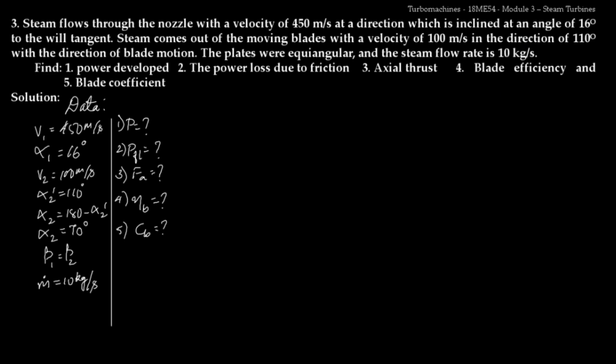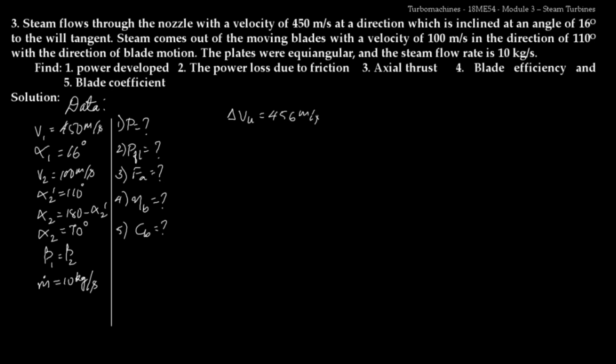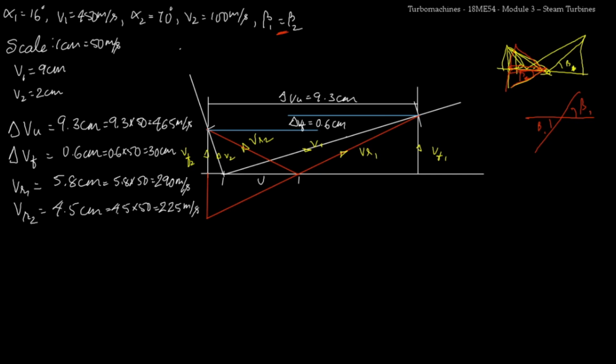Delta Vu is 456 meter per second. Sorry, 465 meter per second.